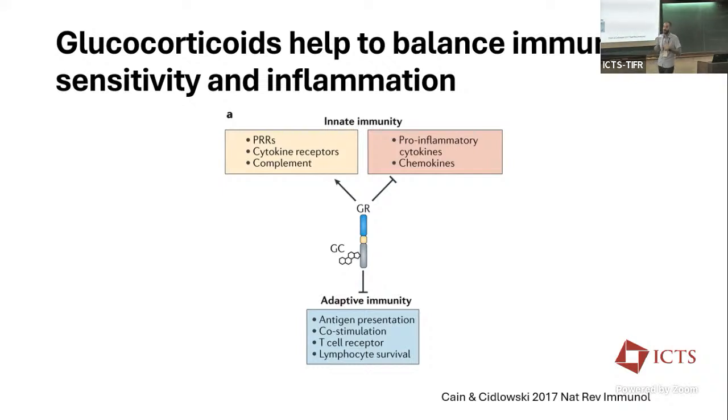But if you have really prolonged stress, chronic stressors, or in the case of people who receive steroid hormones as a treatment, pharmacological doses of glucocorticoids, they can actually suppress the signaling. And so you can actually get this effect where you may not be able to mount a very strong immune response.